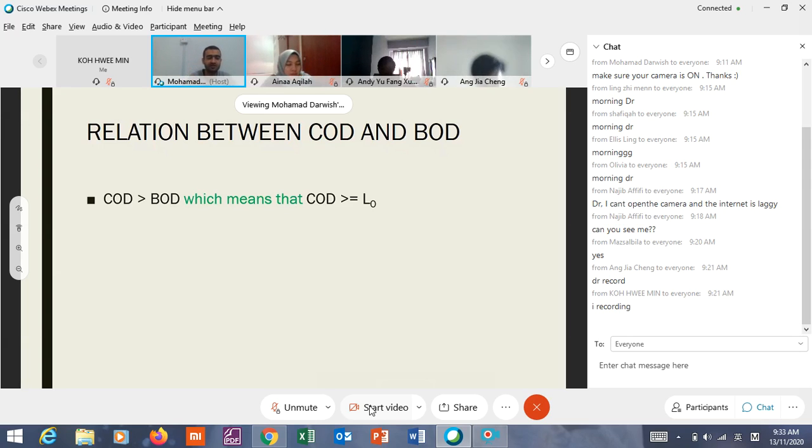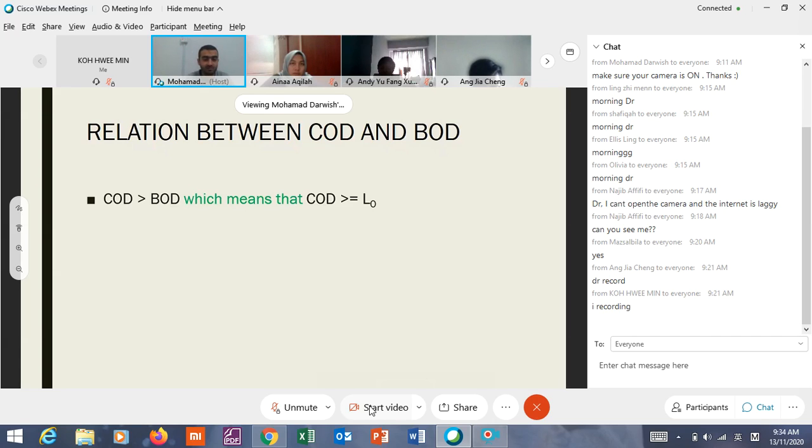BOD5 does not reach L naught. It reaches maybe 90% or 80% of L naught, a portion of it. L naught practically cannot be reached, but theoretically it means that the whole biodegradable organic matter is decomposed, in the carbonaceous BOD.